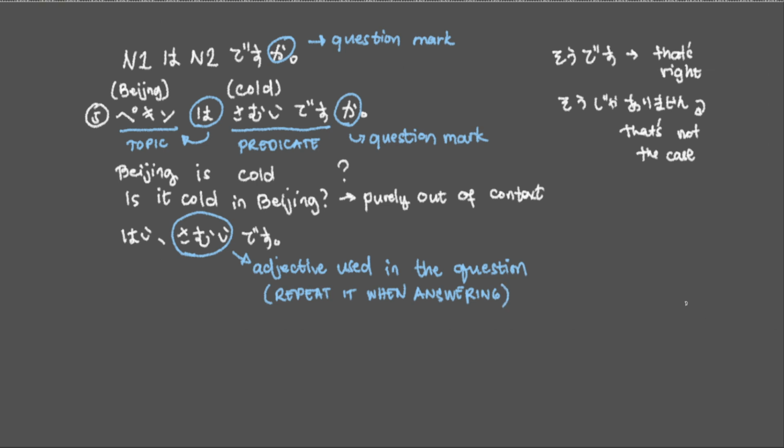Okay, now what if you say, no, it's not cold? How would you say that? You say, いいえ寒くないです. Because this is an I adjective, right? It's an I adjective, which means that we replace I with kunai to make it negative.